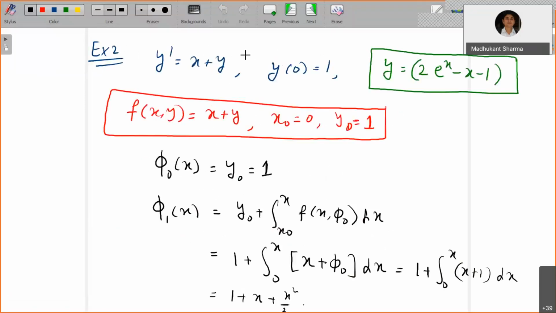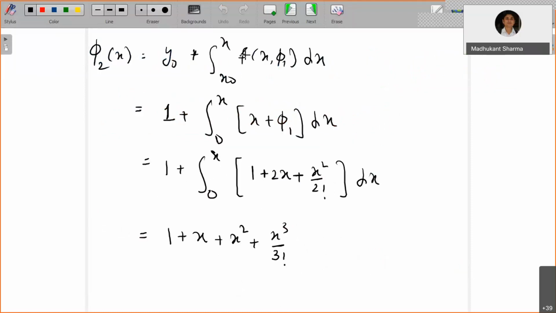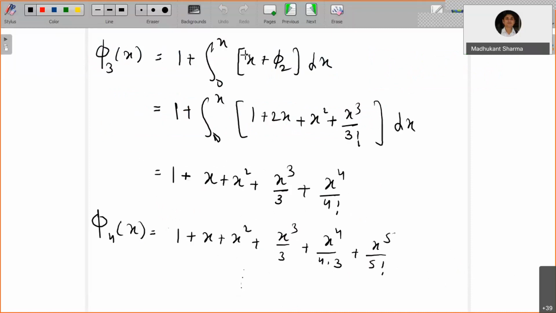All these terms are x square by 2 factorial, x cube by 3 factorial, and x power 5 by 5 factorial. We will track this up to here, and this one we will see separately.